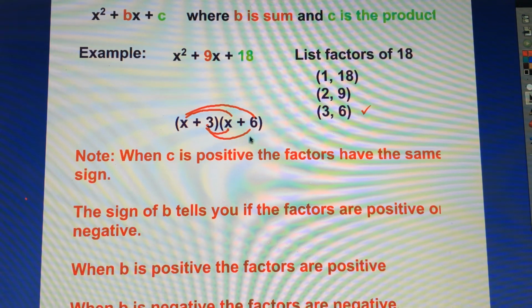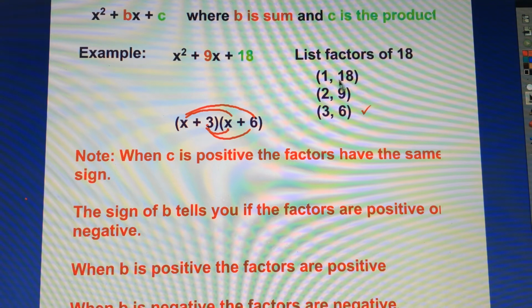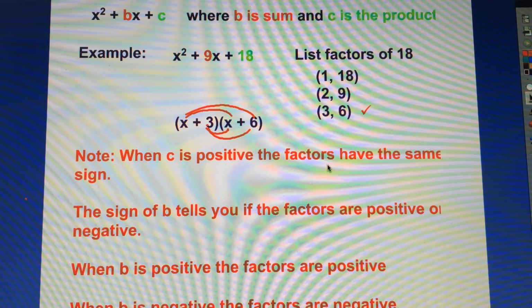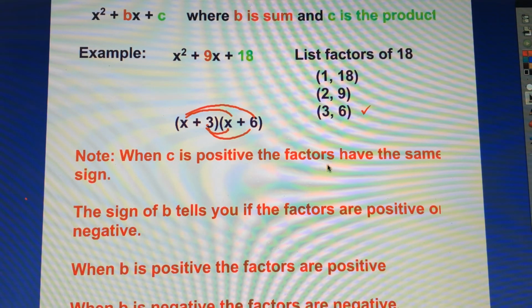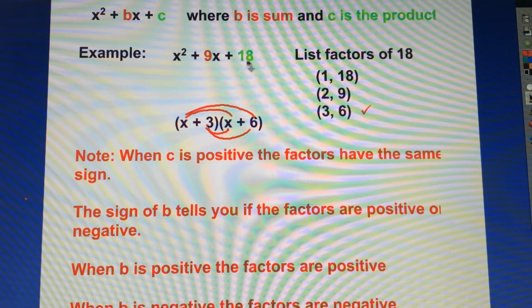When c is positive, so that 18 was positive, then the factors are going to have the same sign. We know that two positives multiplied together equal a positive and two negatives multiplied together equal a positive. So they must be the same sign in order to have a positive constant, c.